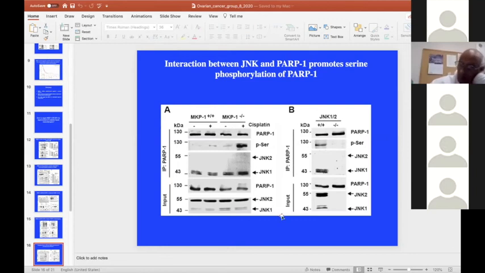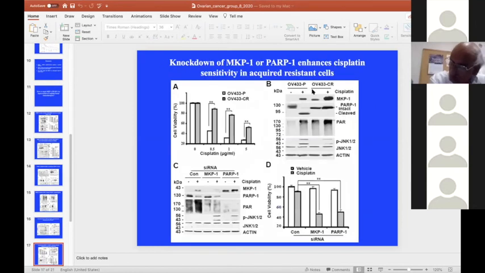So we believe there is an interaction between JNK and PARP1, which can be impacted by MKP1, and that promotes serine phosphorylation of PARP1, which may lead to the ubiquitination and the degradation. So how can this mechanism apply to cisplatin resistance?